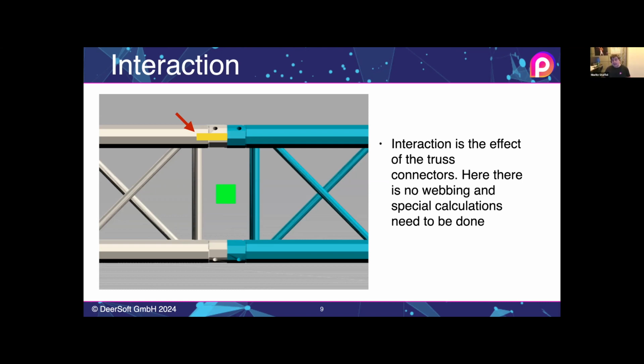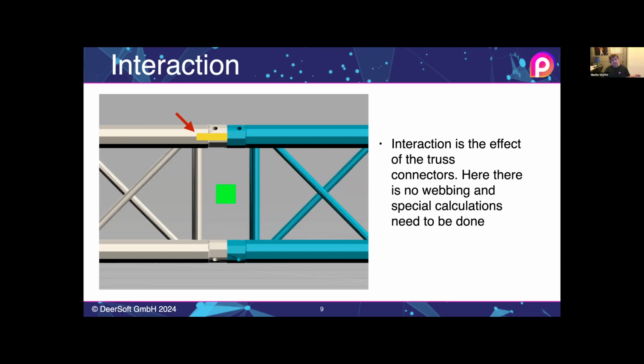In the part of the truss where the two connectors overlap, there is no internal webbing. So basically the rules of the webbing do not apply to this section. Here you need to do a special calculation to check that the truss at this part is not overloaded. This is something that Production Assist does out of the box.